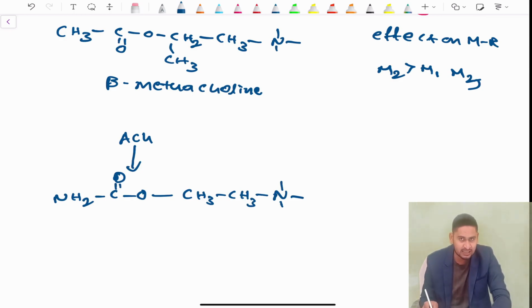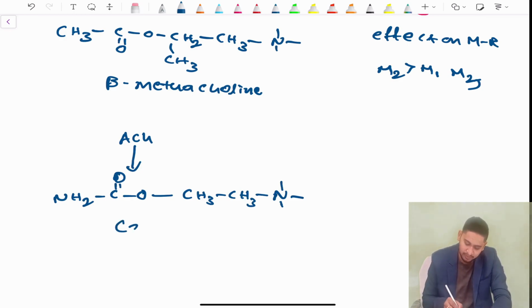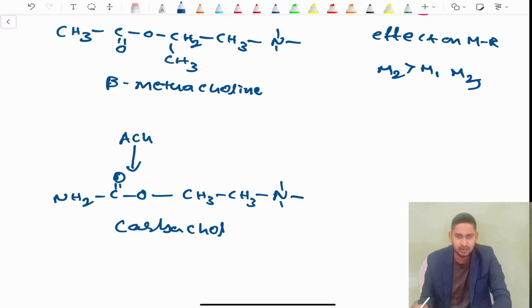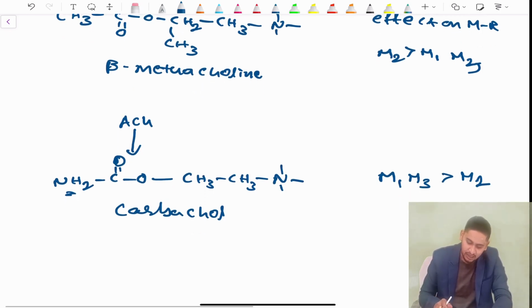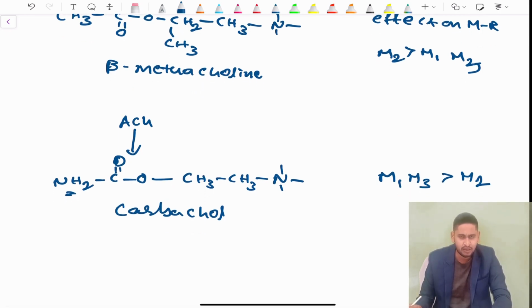This particular drug is called carbachol. Now see the effect on the muscarinic receptor. Due to the presence of the carbamyl group, it has more affinity towards the M1 and M3 receptors rather than M2 receptors, and it is somewhat more resistant towards the plasma esterases.